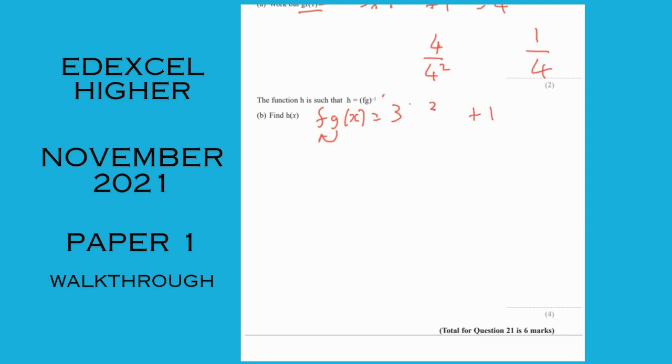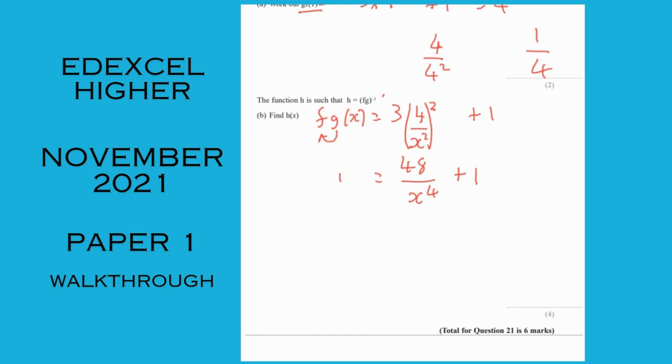Where you have the x, you need to stick in the function for g, 4 over x squared. Now if you tidy it up on the top, 3 lots of 16 is 48 over x to the 4, and the 1's doing nothing.